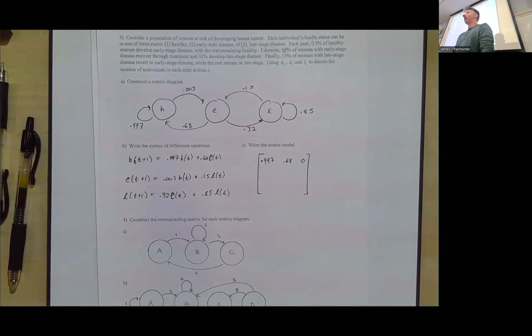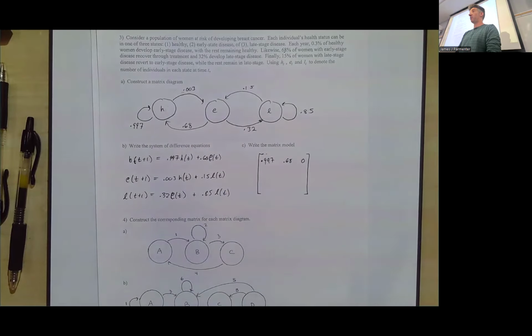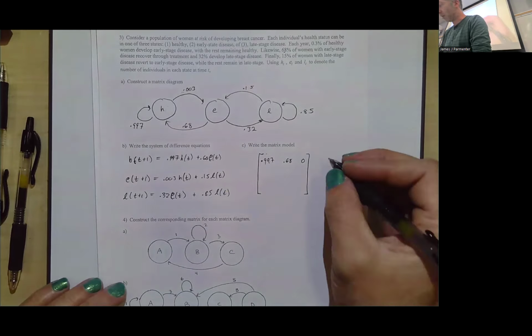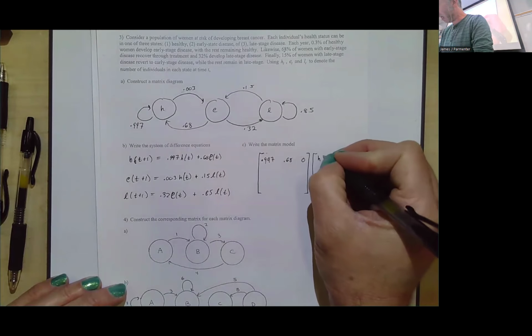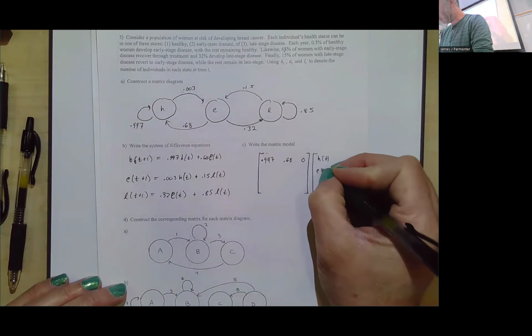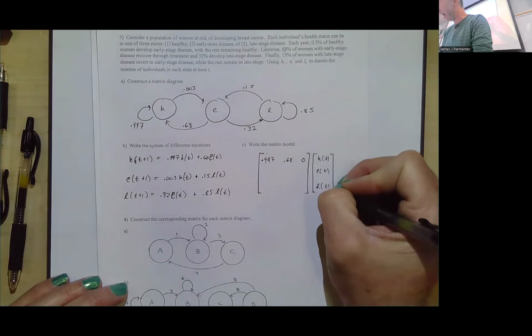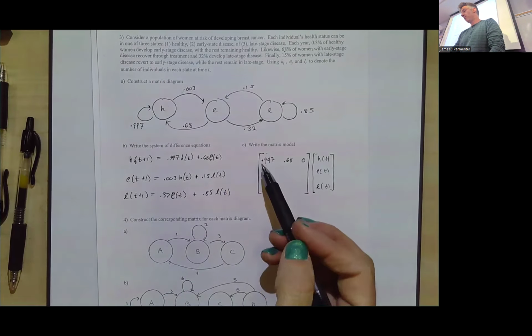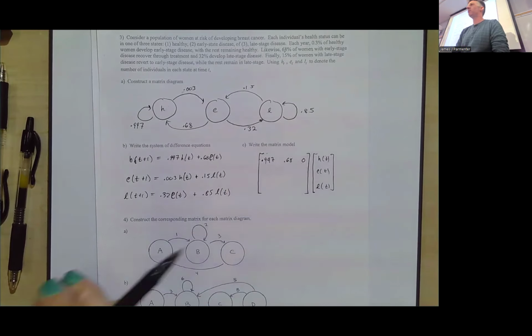I already feel like I did myself a disservice by not writing down the vector over here. I know I said you didn't have to do that, but I feel like it really helps me to see that vector being there. So I would much rather have written this. But over here, I'm multiplying by the H, the E, and the L. Now I can visualize, oh yeah, it's going to be 0.997 times H plus 0.68 times E plus 0 times L to get the next year's H.